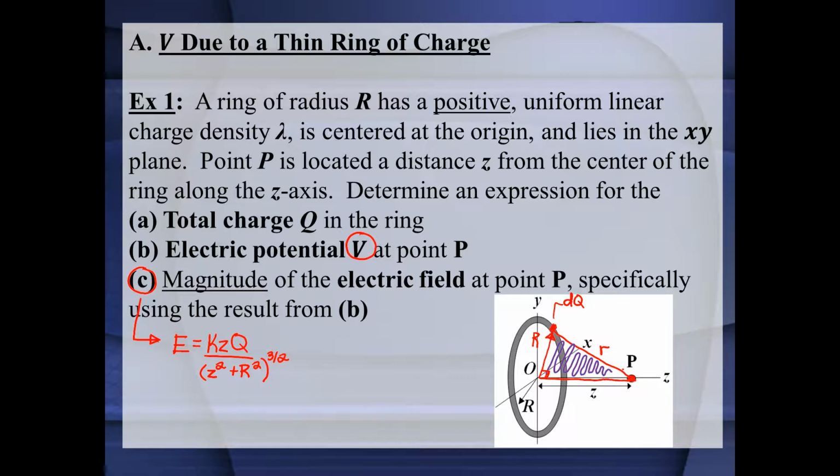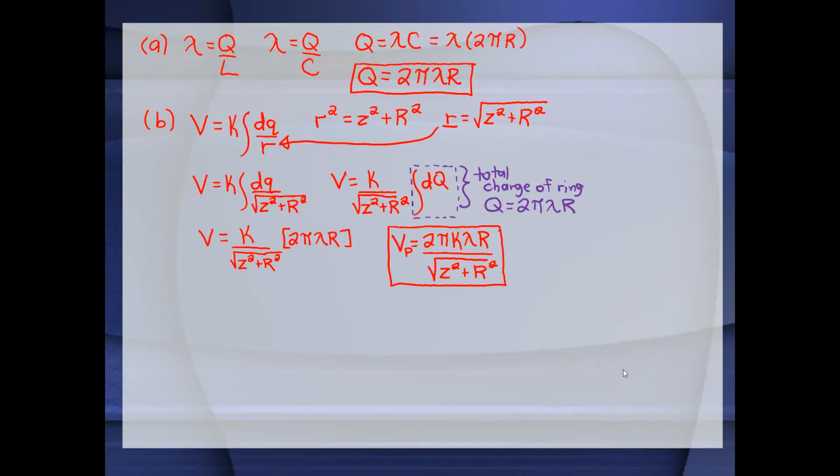I don't know which way is actually faster to do, because the method we used in the previous lesson requires quite a bit of work to set up the integral and then to evaluate it. But with this one, you have to do 2 separate steps where you have to figure out the potential first and then find the derivative of it. So either way, you're going to have to do a bunch of work to figure out what that electric field is. But nonetheless, there's an alternate way to do it.